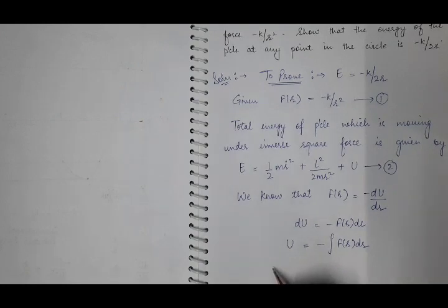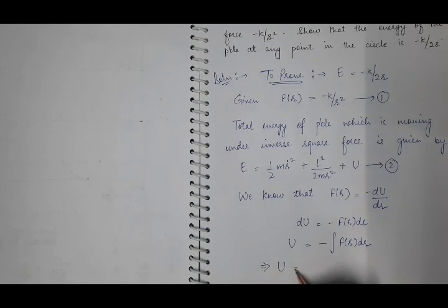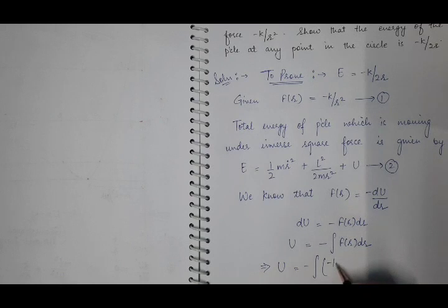So we will have U is equal to minus integral of minus k by r square dr.